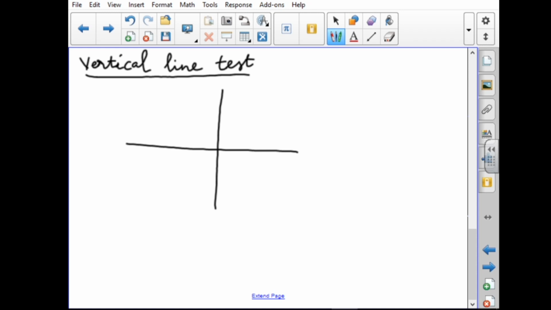This is the definition of the vertical line test. I take one graph like that, X, X dash, Y, Y dash. The curve I take like that.